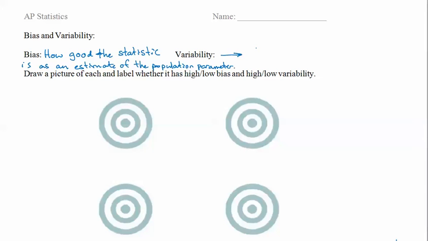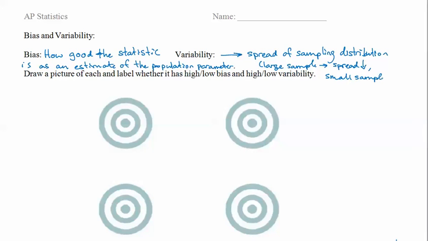Variability is the spread of the sampling distribution. So if we have a large sample size, then the spread goes down. If we have a small sample size, then the spread goes up.